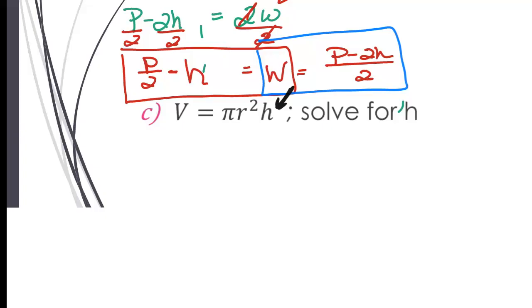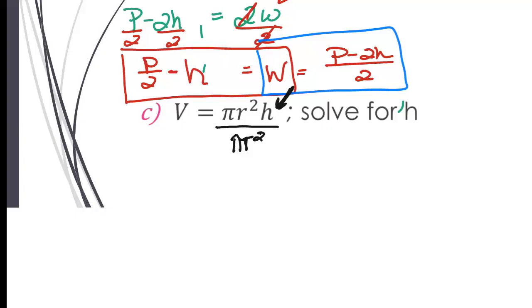So what should I do to undo that multiplication? Divide it. So if I want to get H by itself, what am I going to divide by? Yeah, keep the H. We want H. Pi r squared.